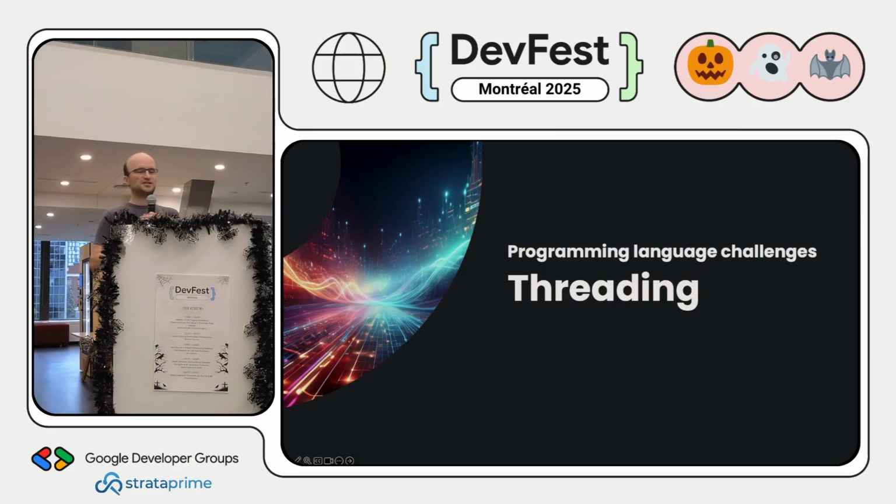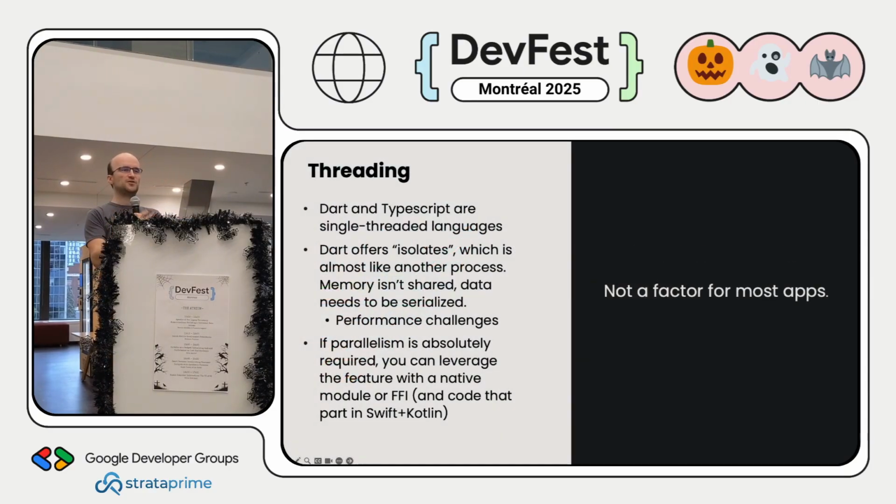Now, changing topics to differences in how they work under the hood, you have threading, and this is really specific to the languages. It's less about the architecture of the operating system, but we saw Flutter and React Native both use Dart and TypeScript, which are languages that can transpile to JavaScript, and they are single-threaded by design.